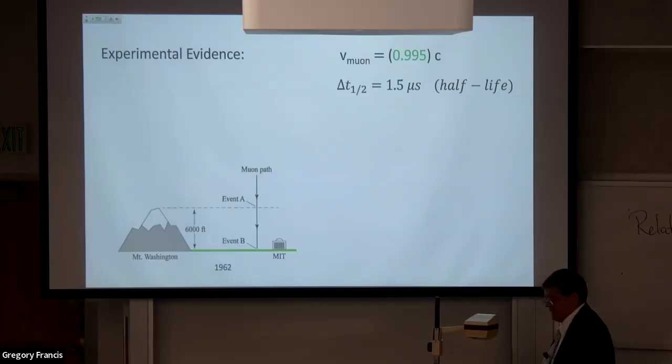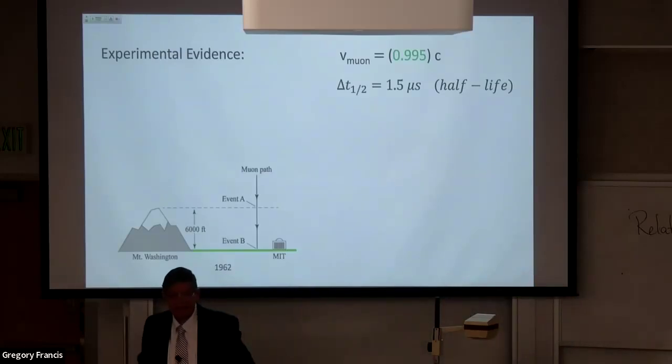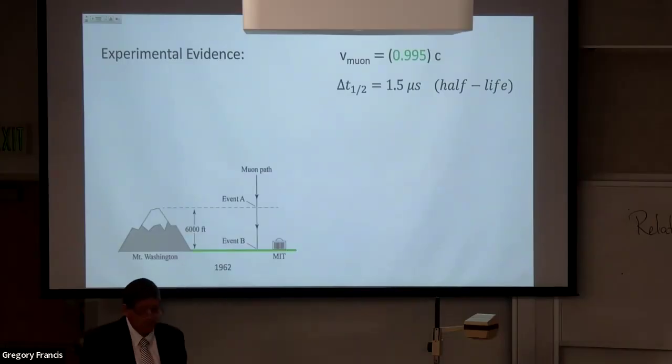The half-life tells you what that probability is. After a half-life, you would expect half of the particles that you started with to have already turned into something else. If you had 100 muons, after 1.5 microseconds, you'd expect only 50 of those. And after 2 half-lives, you'd expect only a fourth of those, 25, and so forth.